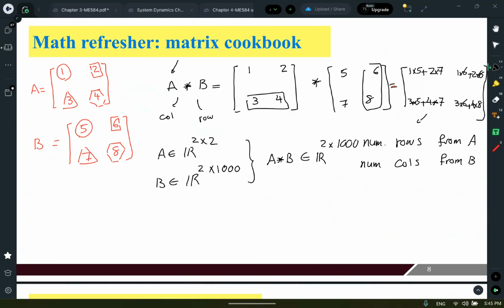Why? Because the number of rows comes from the first matrix and the number of columns comes from the second matrix.